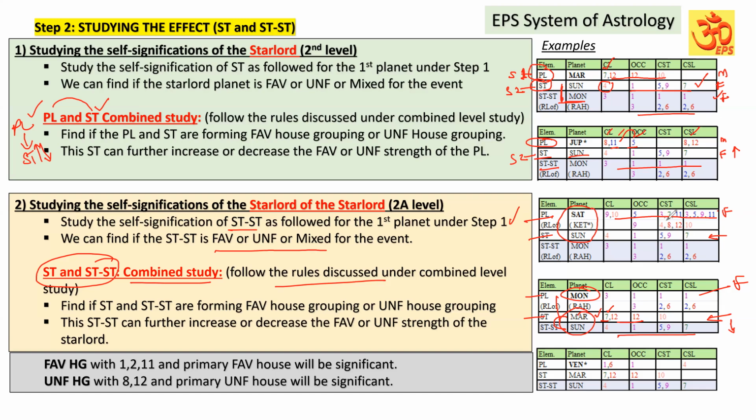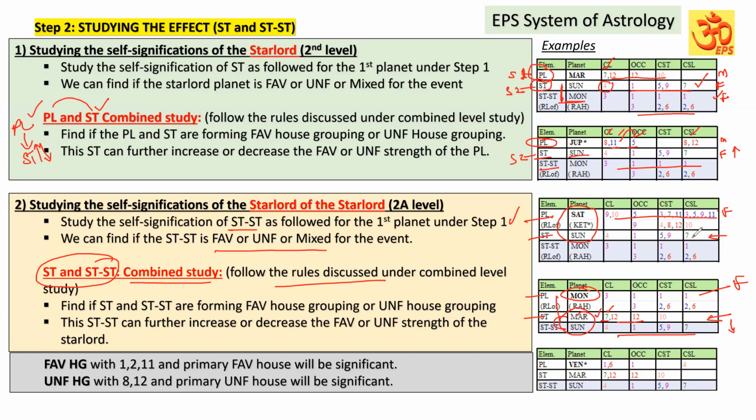Then we have to see whether they are all forming favorable grouping, favorable houses present, and Starlord is also favorable houses. Is it increasing the intensity of the favorable houses or not, as we discussed in part number 1 under lesson 8. We can see the combined level rules.